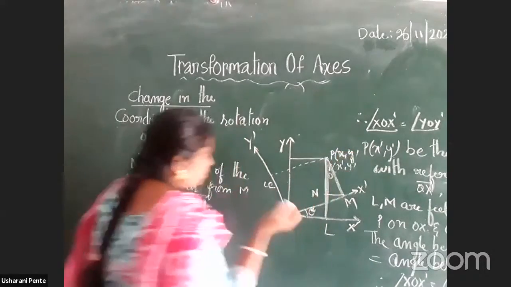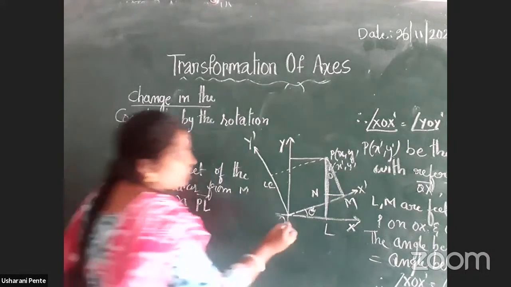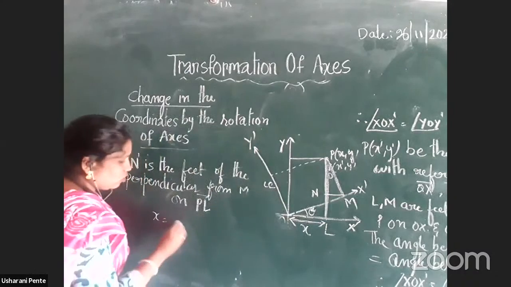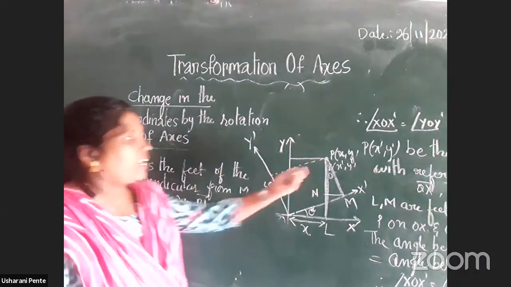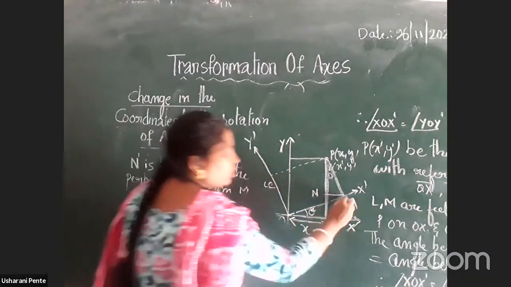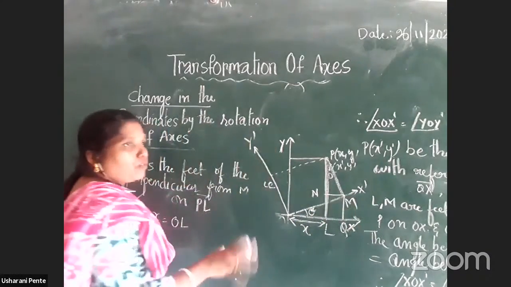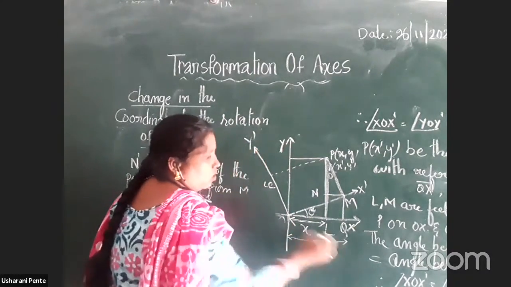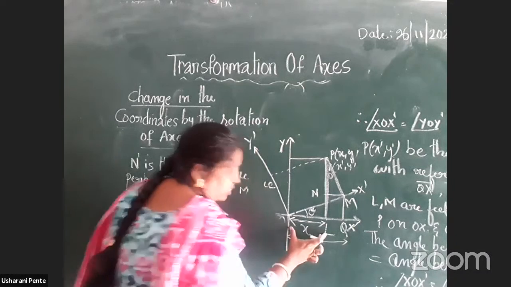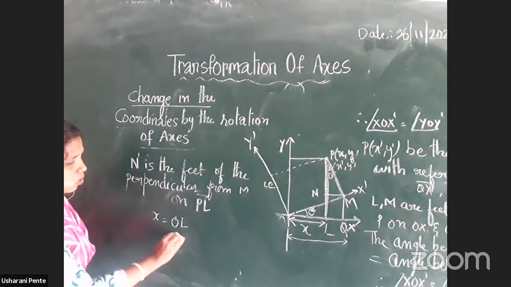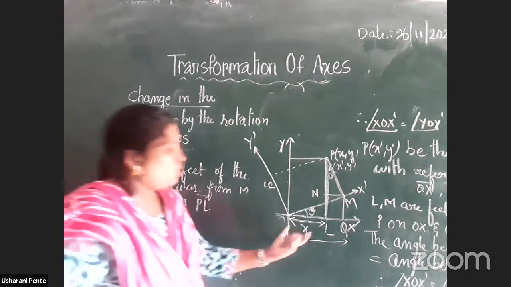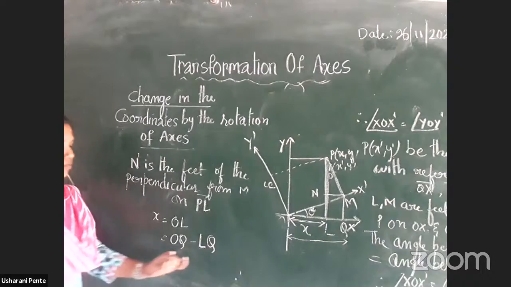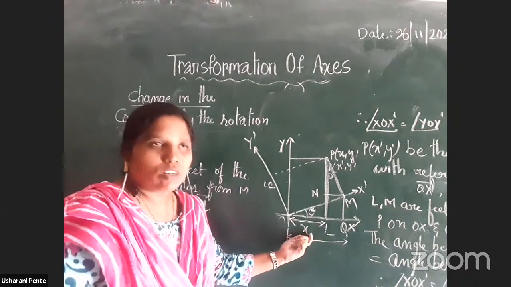Therefore, how to find the x coordinate now? This distance is nothing but x. X is equal to OL. We will take this point as Q. We get OL by taking the whole minus this value, that is OQ minus LQ. This gives us the x coordinate value.